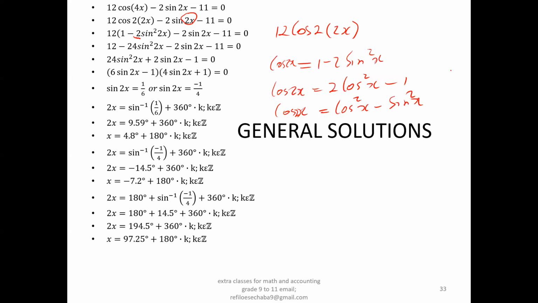So you apply any of these. It doesn't matter what type of double angle you are dealing with. Okay. May I proceed?